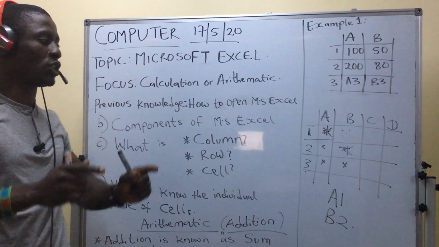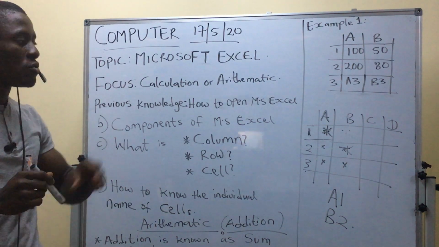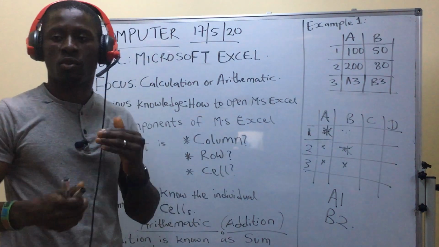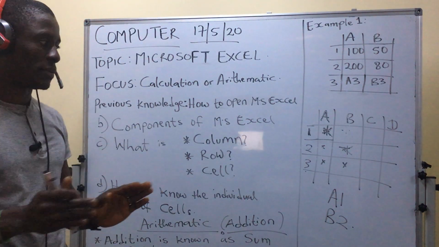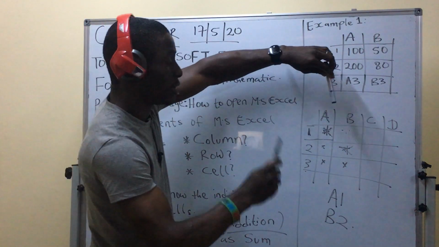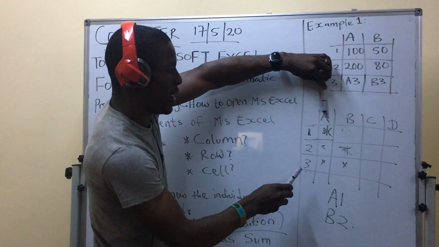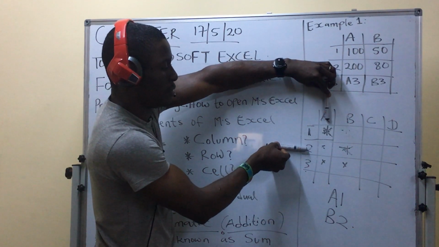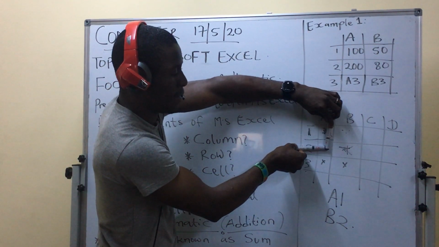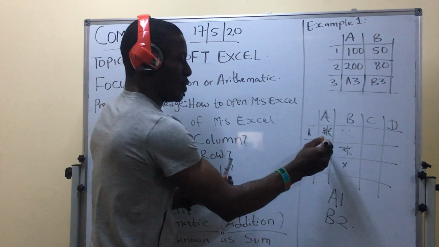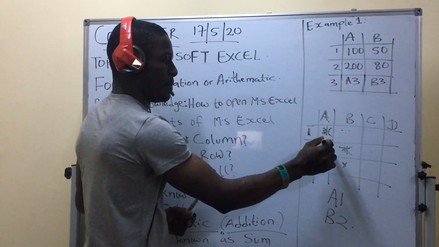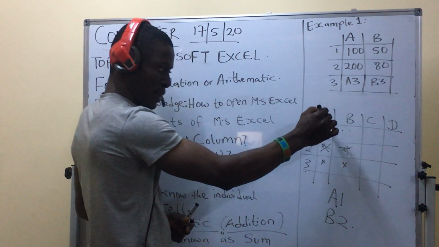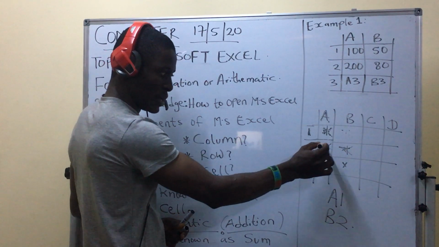So this is the foundation of Microsoft Excel. You must know the names of each cell, so that when it's time for calculation, it will be easy. Let me do it again. Second to the last one. I move from A, move from 2, coming down, moving, then meet here. So column A met row 2 here.